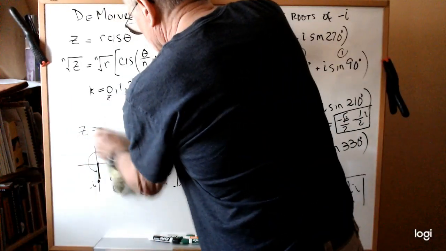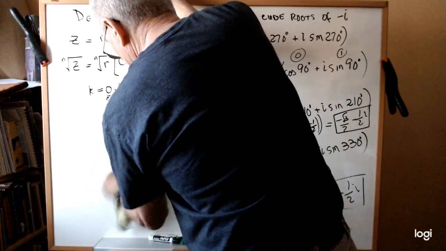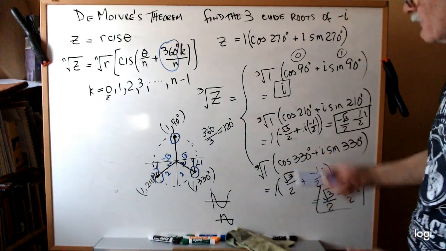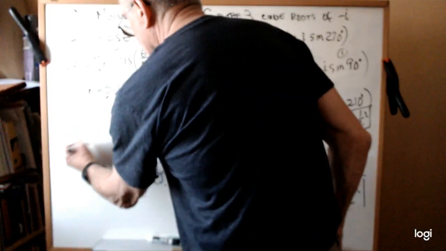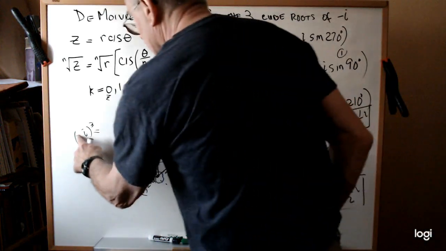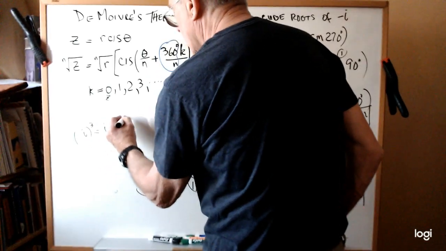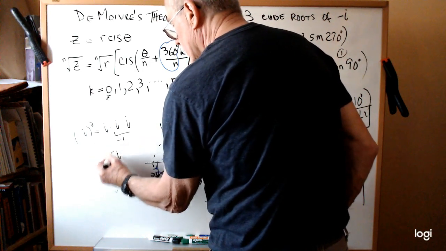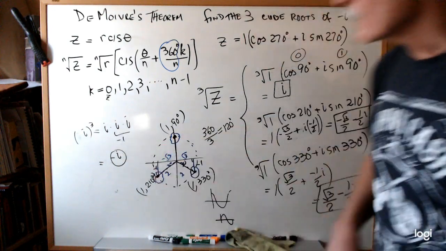So if you wanted to check i cubed, you would have i times i. This is a negative 1, and a negative 1 times i is negative i. So we just demonstrated that, in fact, if I cube this, I do get a negative i.